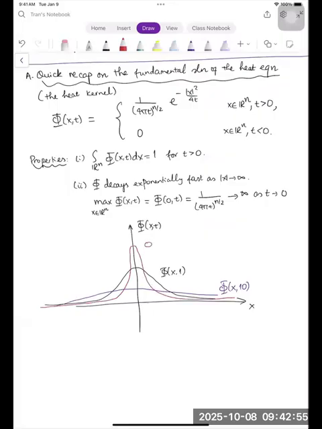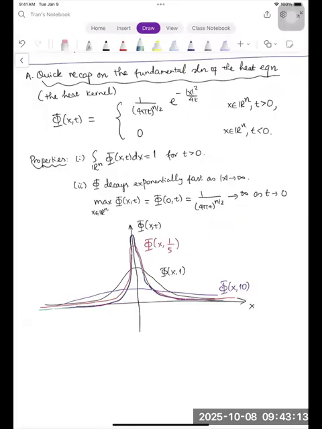This is phi(x, 1/5), and so on and so forth. Gradually you can see that we put all of the mass near 0.